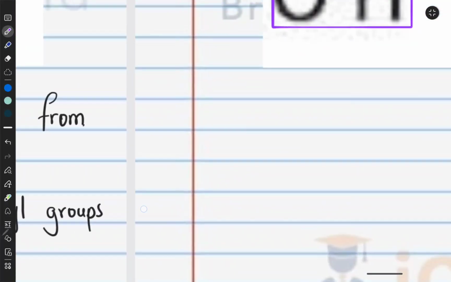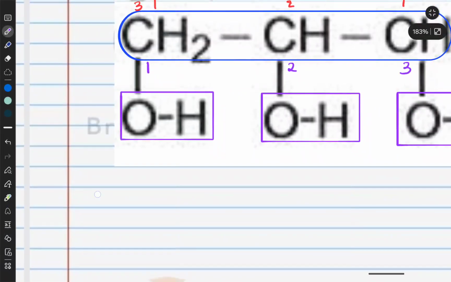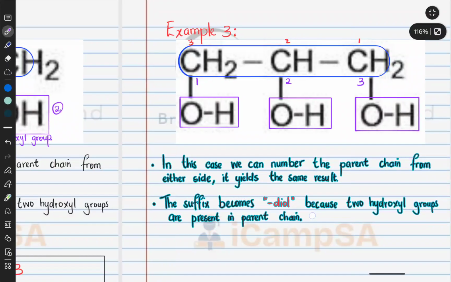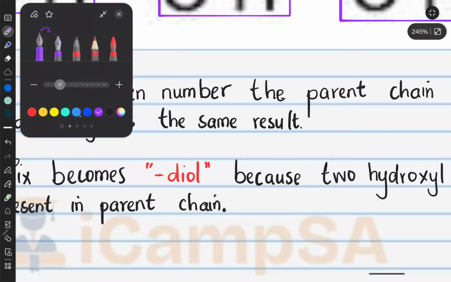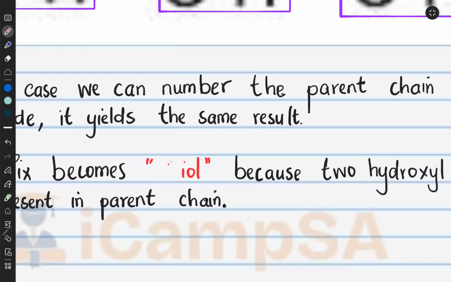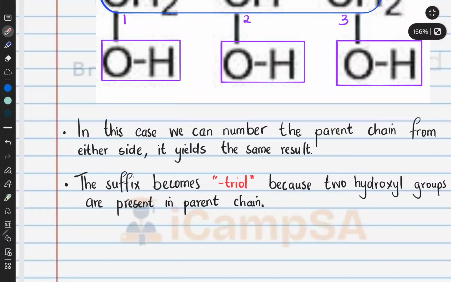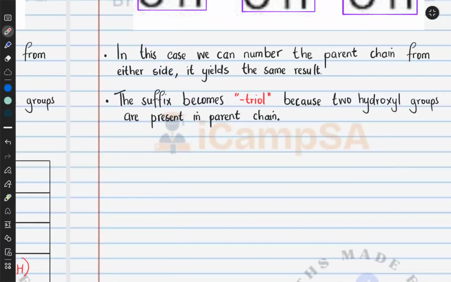Now we have 3, so it will be a triol. So let me just take this. So here we're saying it changes to a triol. Okay, and then it also doesn't matter which side we number from.